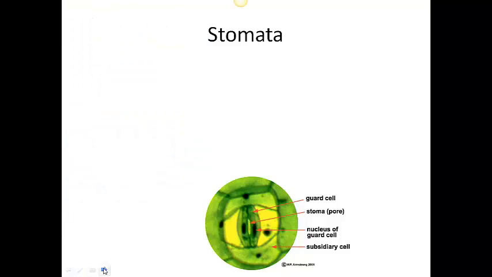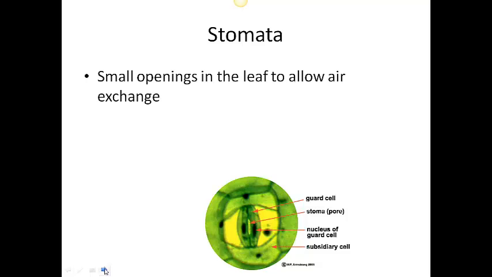Alright, now just a little bit more close look at transpiration and how this actually happens, how the water gets out of the leaves. We're going to look at special structures in the leaves that are called stomata. And I'll get down to the diagram in just a minute, but I want to explain what they are first. So stomata are these small openings in the leaves that are actually intended, or their purpose is to actually allow air exchange.